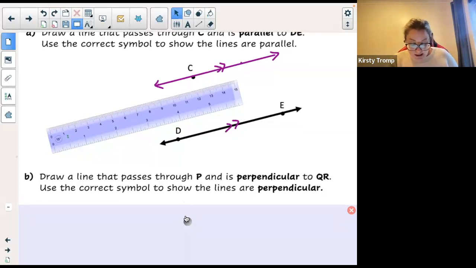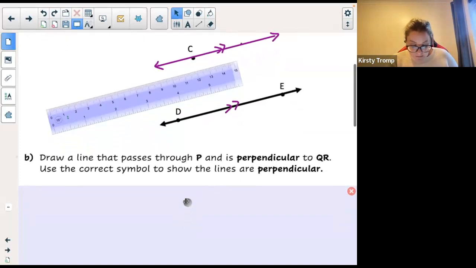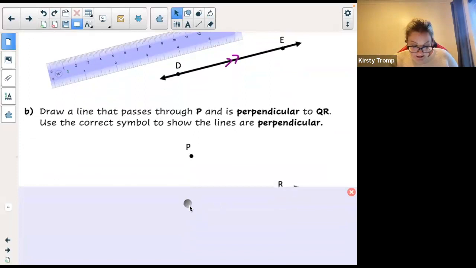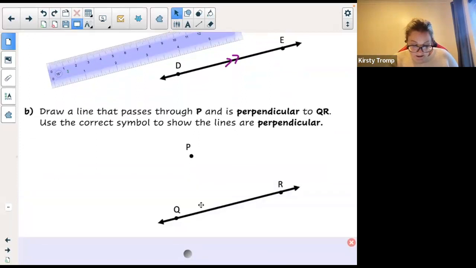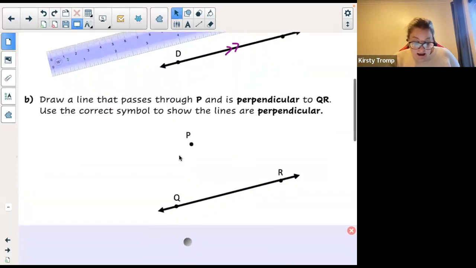Use the correct symbol to show that the lines are perpendicular. They've given us P and this line, which is QR. They want us to draw a line that passes through P and is perpendicular to this line.